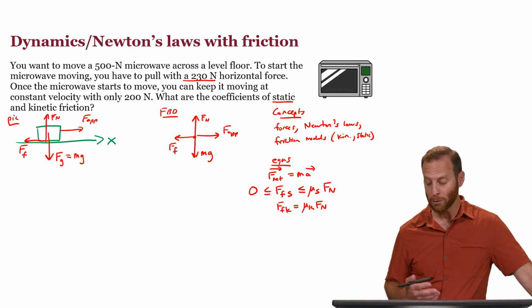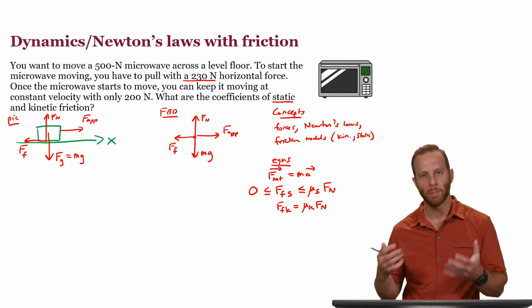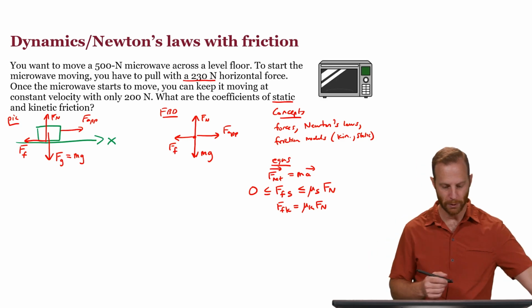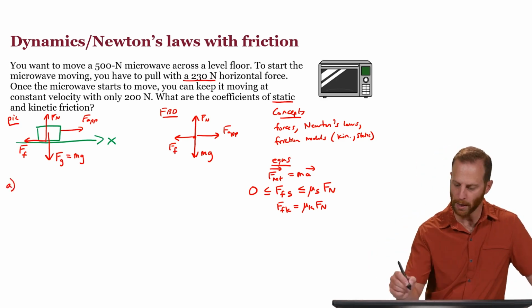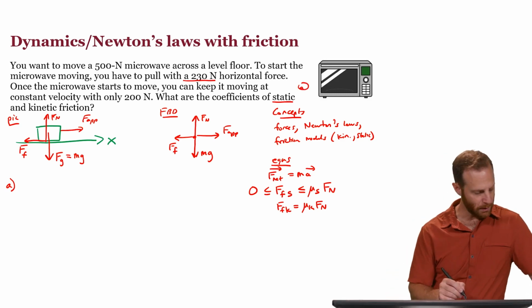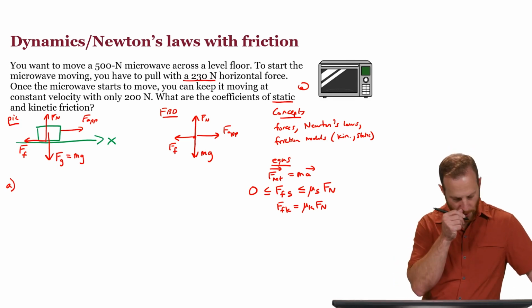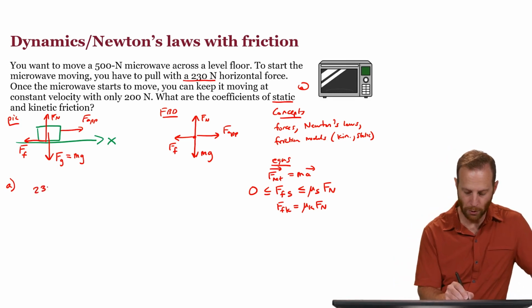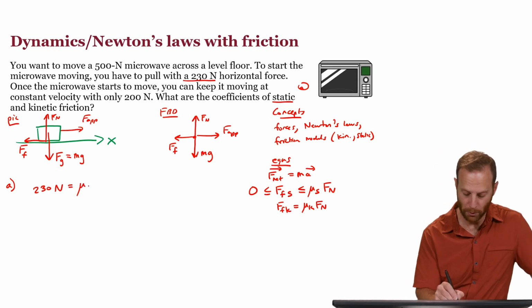That minimum amount must be the biggest possible, or just slightly more than the biggest possible frictional force there is. So in the first part of this problem, which I'll just call part A, this statement about needing 230 newtons of force, what that tells us is that 230 newtons of force is equal to the maximum amount of friction possible, mu s times the normal force.